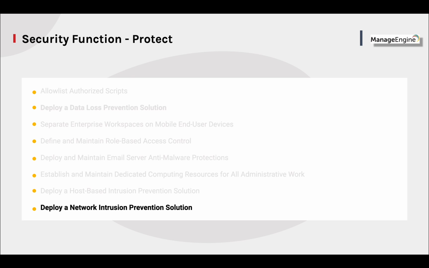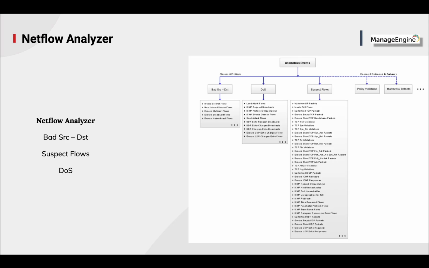And deploy a network intrusion prevention solution. So the advanced security analytics module of NetFlow Analyzer, which is also part of the OpManager solution, is a network flow-based security analytics and anomaly detection tool that helps in detecting intrusions using a continuous stream mining engine.